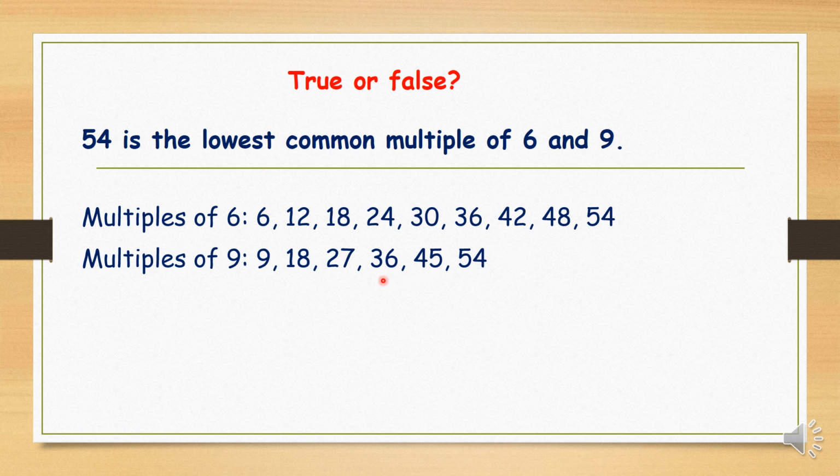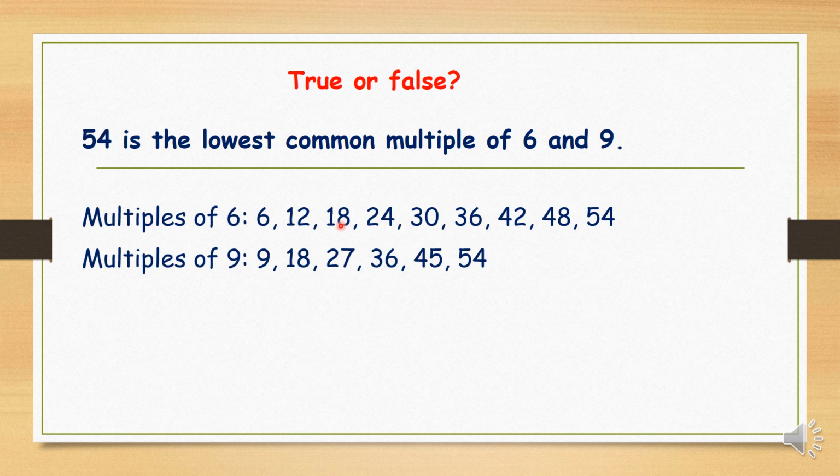Is 54 the lowest common multiple of 6 and 9? We know that 54 is on both lists. Is this the smallest number? Let us see. We have 36, which is smaller than 54. Let's see if there are any others.